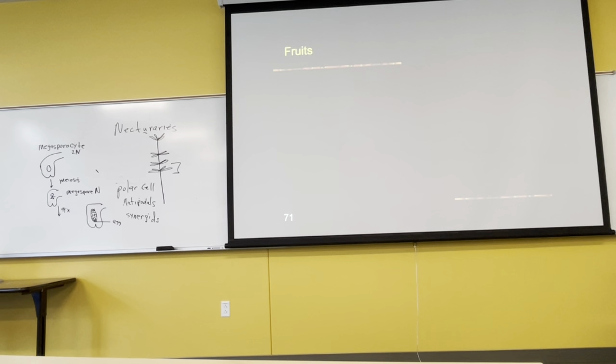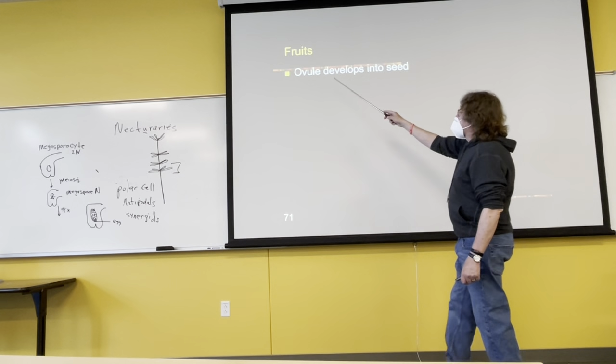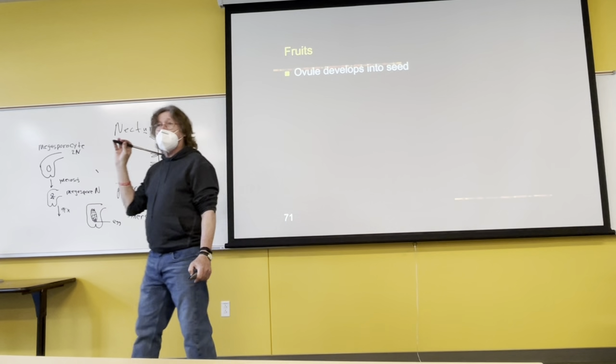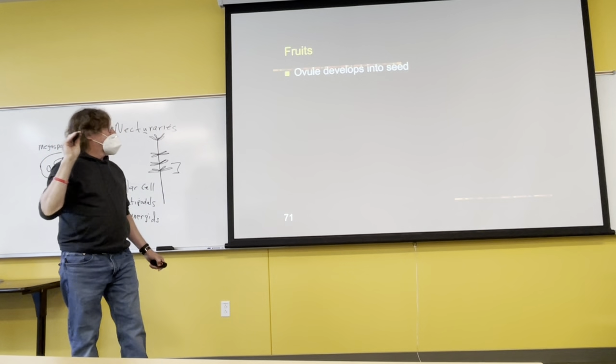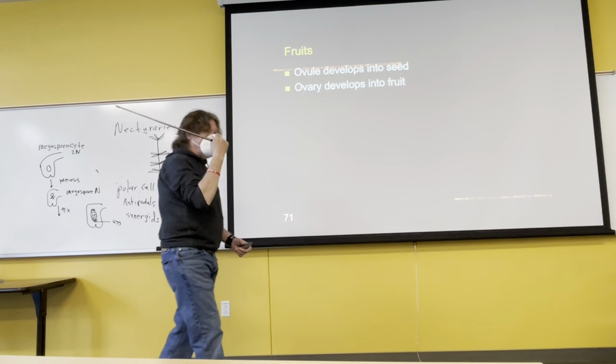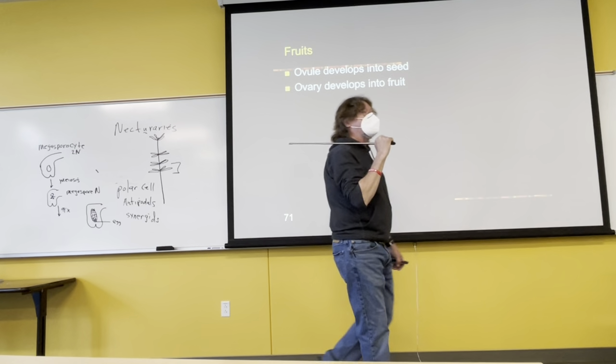Yes? So the nutritive tissue and endosperm, just like. That's in the sperm, yeah. Oh, it's the same. Yeah. That's where the plant is getting its nutrition. Okay, the ovule develops into seeds. The ovary becomes the fruit. So, 1 flower, 1 fruit. However, it might be 1 flower and many seeds.